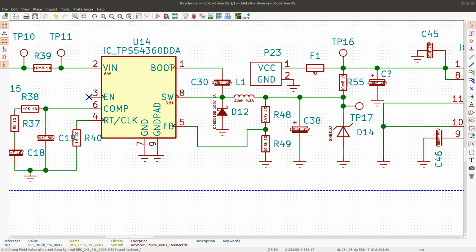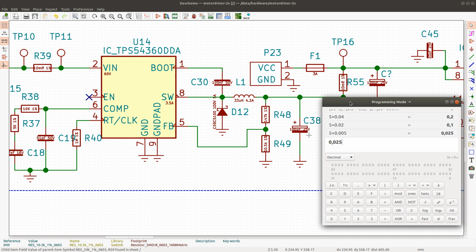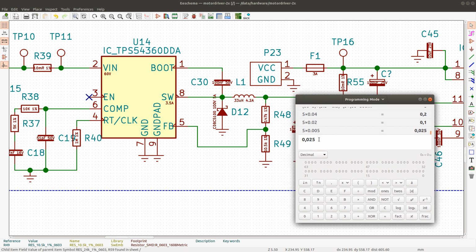Let's see if I can find anything on that. So we have 10K divided by 140 plus 150.